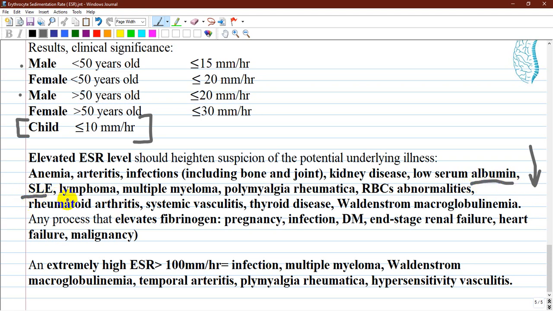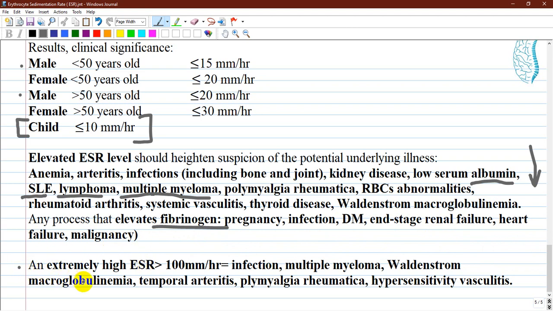Also SLE, autoimmune disease, lymphoma, multiple myeloma, defective proteins, polymyalgia rheumatica, red blood cell abnormalities like spherocytosis or sickle cell, rheumatoid arthritis, systemic vasculitis, thyroid disease, Waldenstrom macroglobulinemia, and any process that elevates fibrinogen like pregnancy, infection, diabetes mellitus, end-stage renal failure, heart failure, and malignancy.